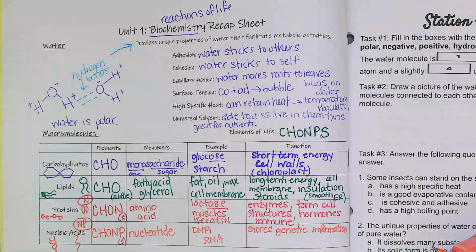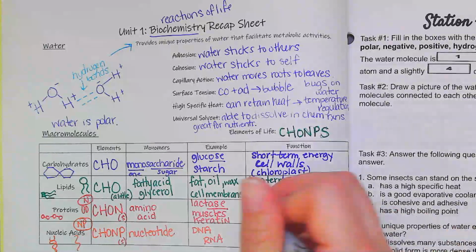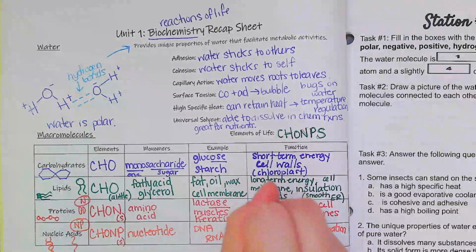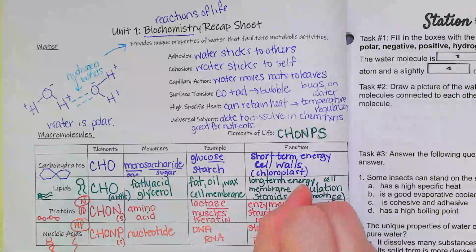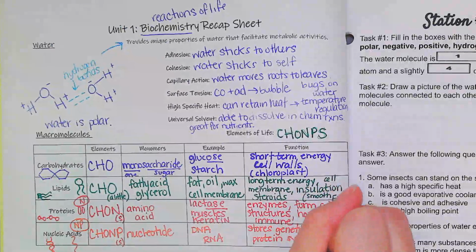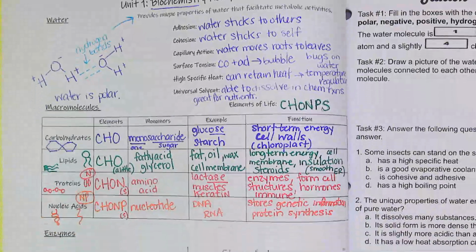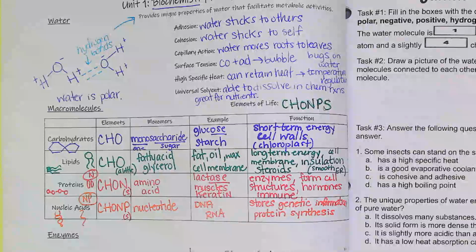RNA does what? Makes... what do you say, amino acids? Yeah, good. Makes protein. Protein synthesis. And that was week 2 of school.